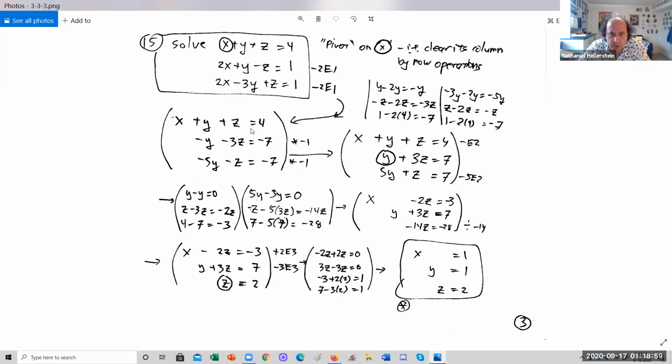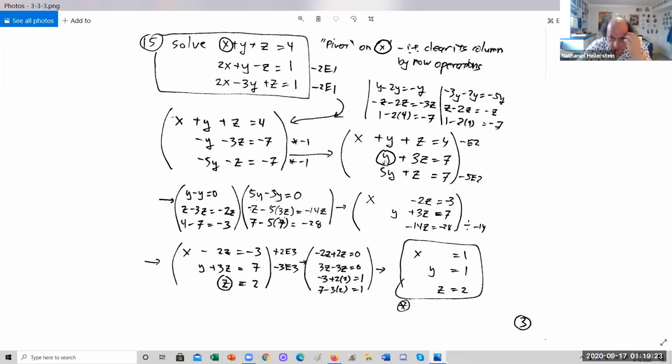So we have x plus y plus z equals 4, negative y minus z equals negative 7, negative 5y minus z equals negative 7. Now, okay, a bunch of negatives around here. I find them annoying, so let's rescale both of these equations by multiplying by negative 1. So you get y plus z is 7, 5y plus z is 7, x plus y plus z equals 4.